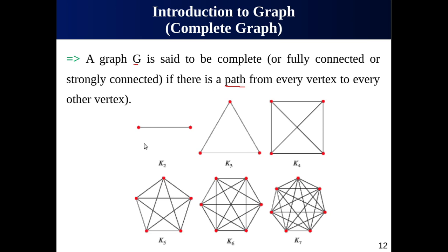Let us see some examples. In this case, we have only 2 vertices, for example 1 and 2, and they are connected. There is a path between these 2 vertices, so it is an example of a complete graph.